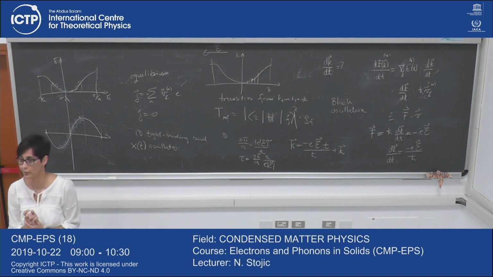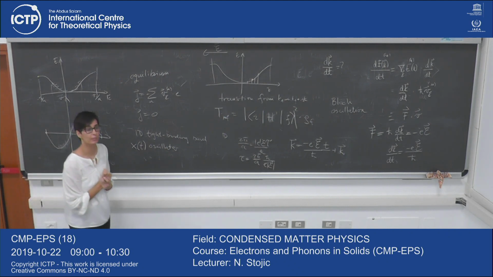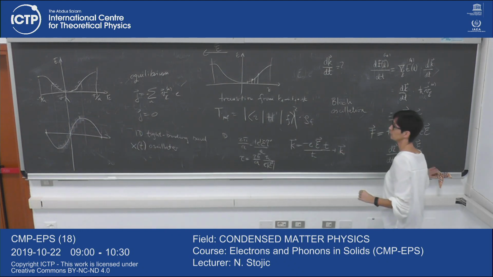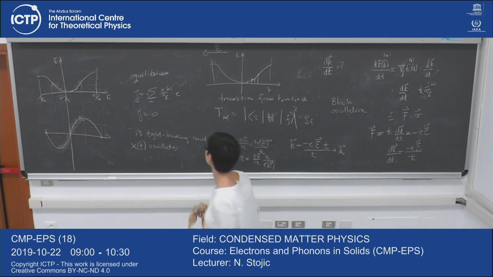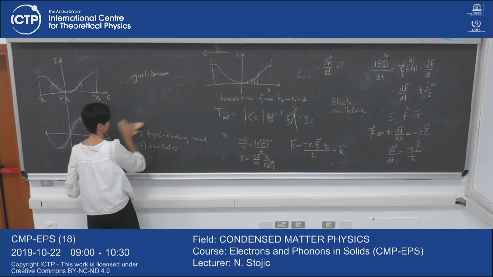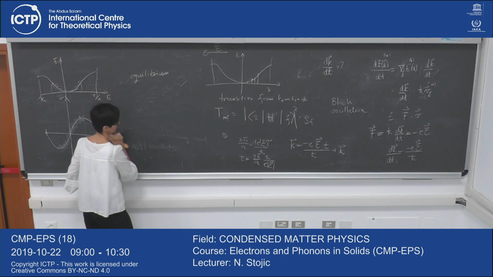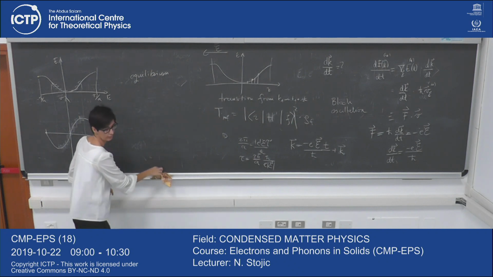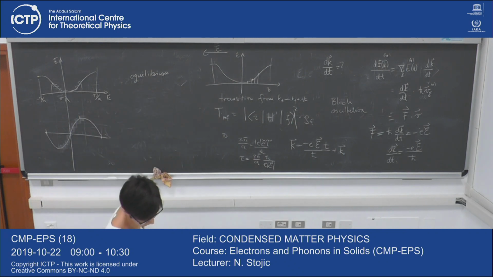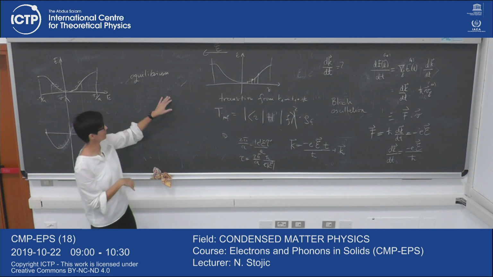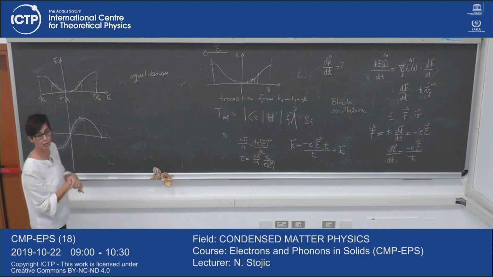Okay, now we have the field. Now we can express our current. So let's find the average velocity. I again want to find the current as the sum of the velocities of all the states.